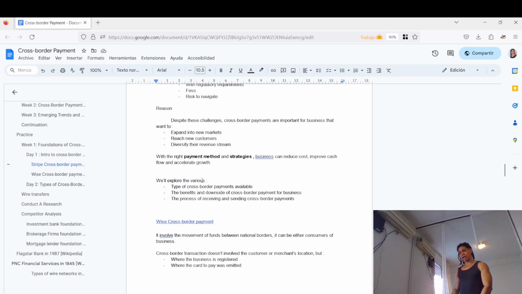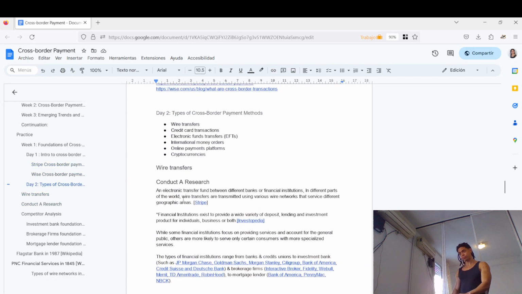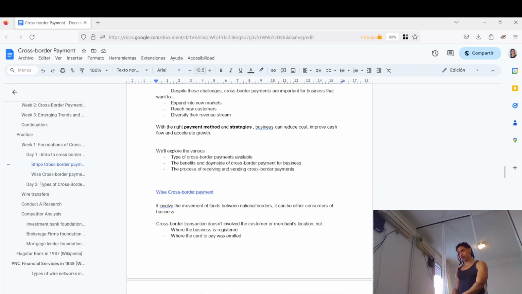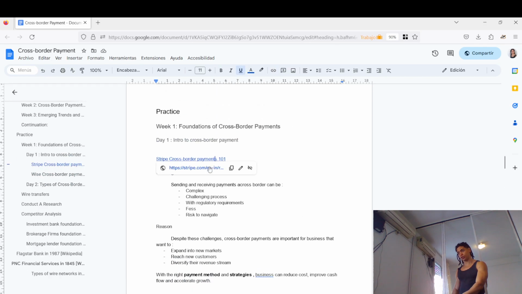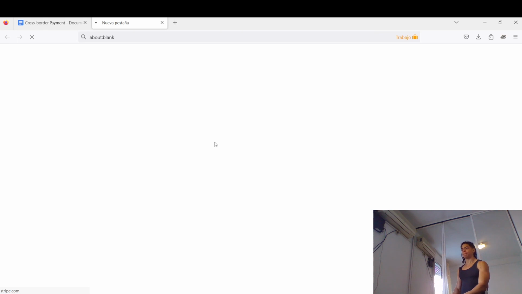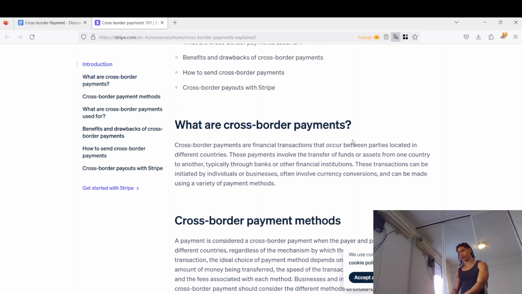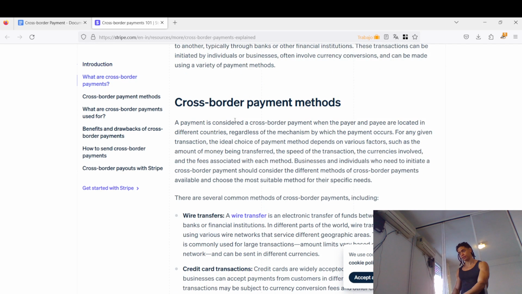To make our life easier, here is what cross-border payments are and the benefits of doing this.